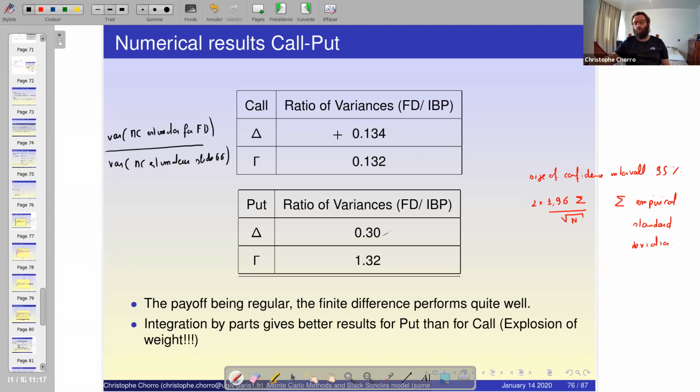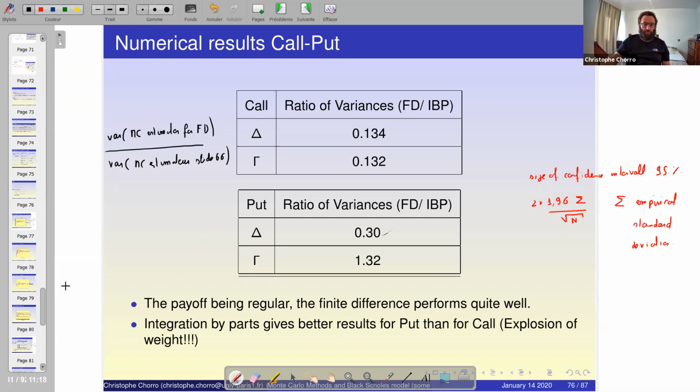In the case where I consider the put and the call, I obtain results that are a little bit less bad for my weight approach with respect to the finite difference, but something that is not that significant. So at this stage, I am a little bit disappointed because the naive approach is better.